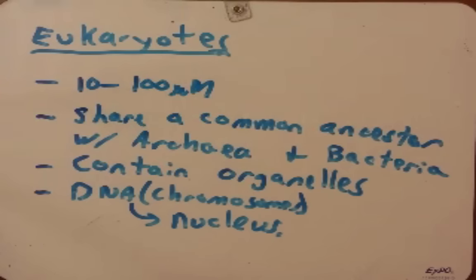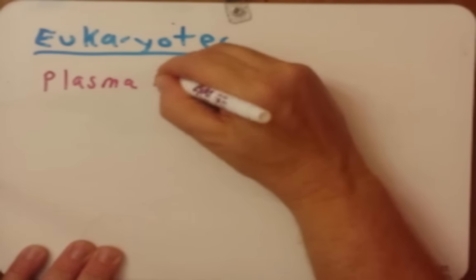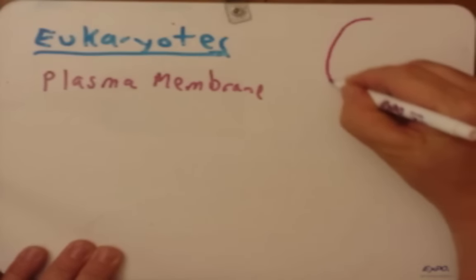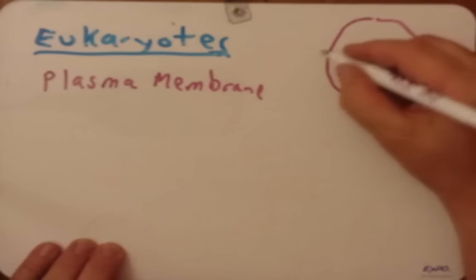There may be some things that are common also to bacterium, and when those come along, I will make sure I make a note of that. So let's talk about the plasma membrane.